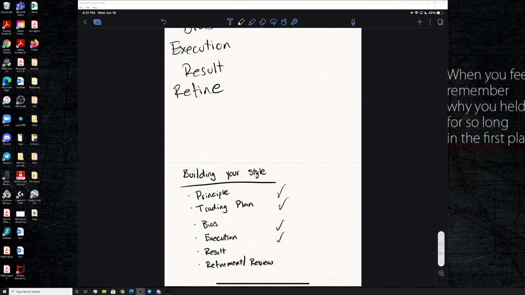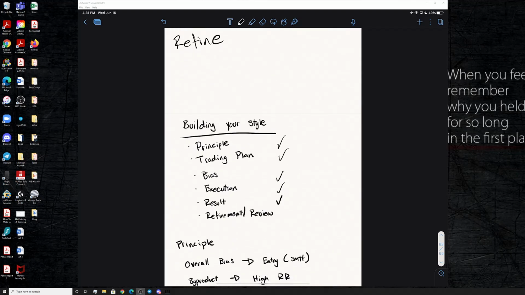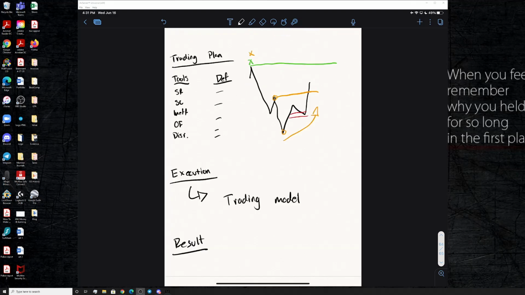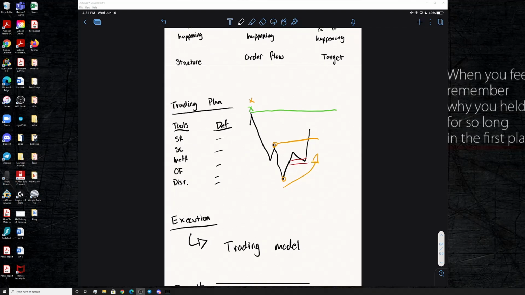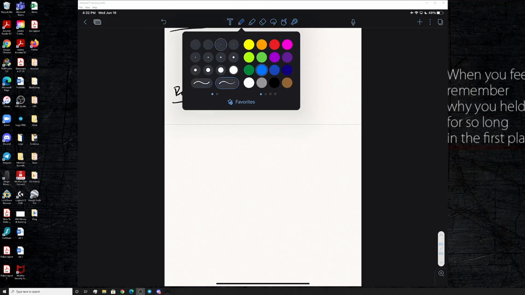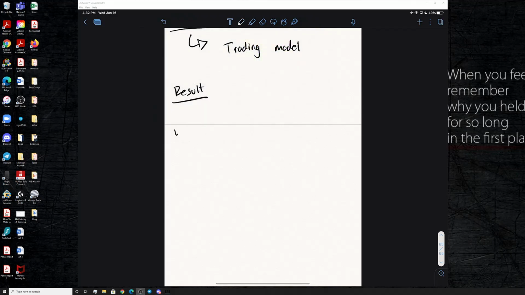After execution, we now come into the result, right? Let's say you were able to have a model in place, execute, and achieve that winner in place. Let's say the result was positive in terms of a win.